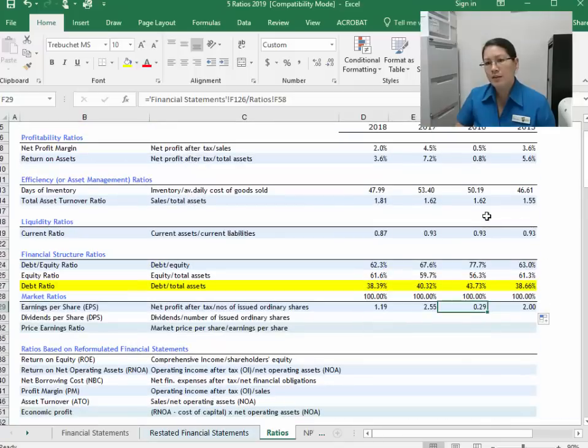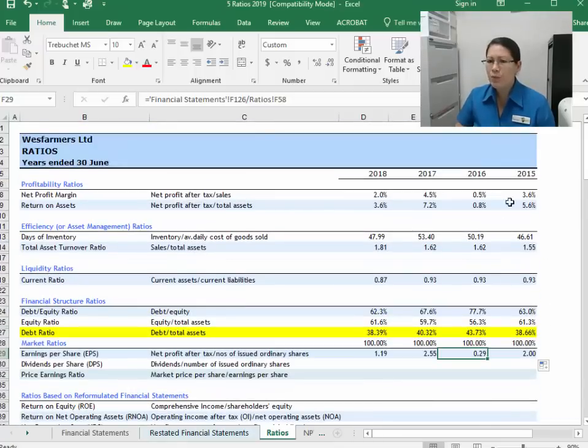So go and have a look and see why in that year, and we could see that looking here as well at our profitability ratios, something went wrong or not quite as normal as every other year. So that's a good reason to go back and actually check and see what's going on in the 2016 year in particular. For this one, obviously it's related to the net profit.